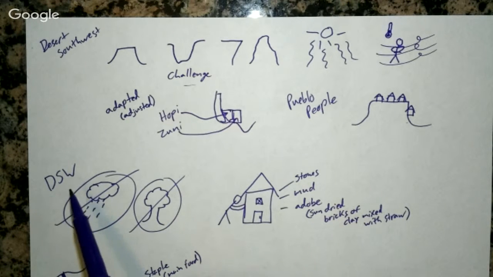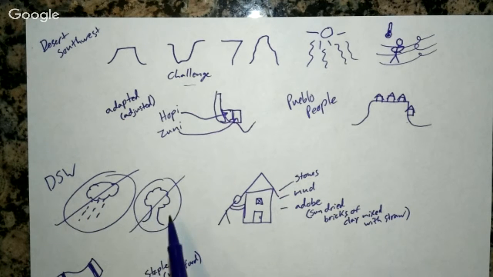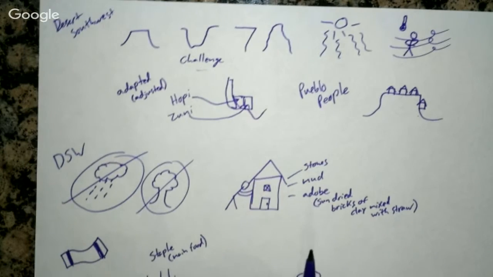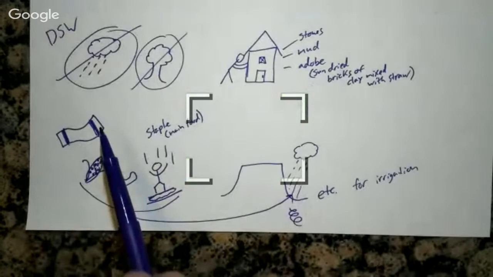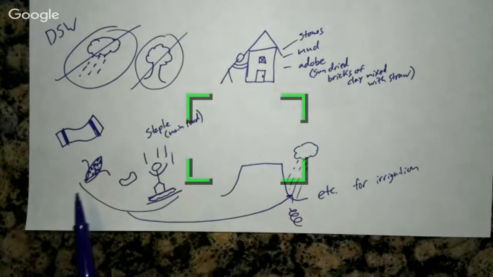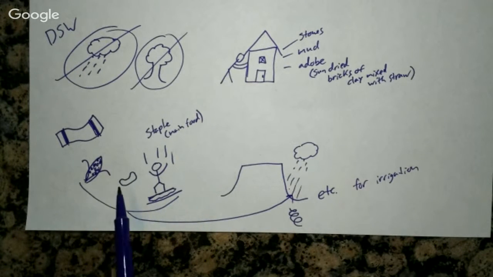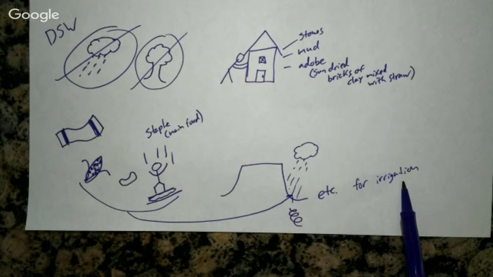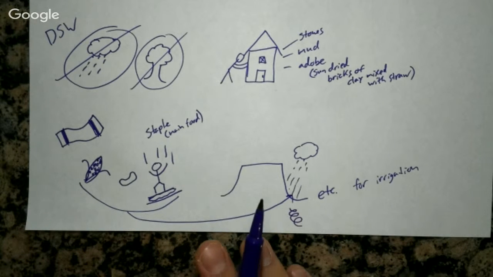In the desert Southwest, there's very little rainfall, which means very few trees. People had to build their houses from stones, mud, and adobe, which is sun-dried bricks of clay mixed with straw. Even though it was dry, they could still grow their staple or main foods, corn, beans, and squash. They would grow these at the bottom of mesas to catch the rain, as well as use underground springs and other things for irrigation.